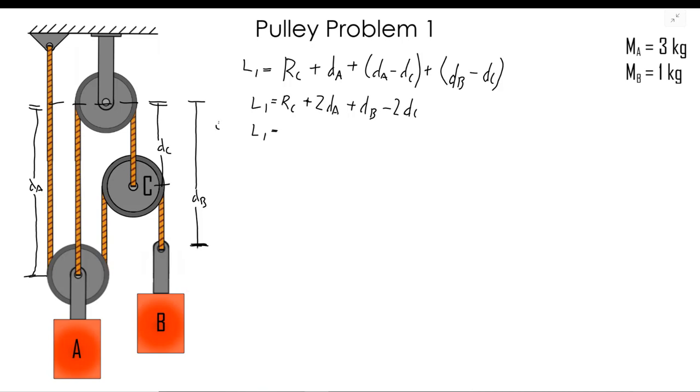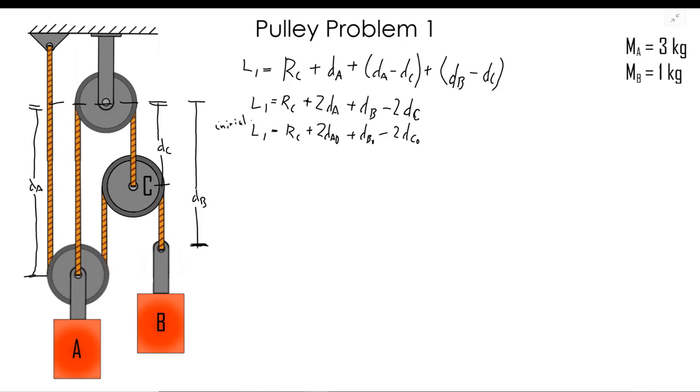So our initial condition, L1 is going to be constant. It's going to be the same length. RC is going to be constant. We're literally just going to rewrite this as dA naught, and then dB naught as well, minus 2 dC naught.